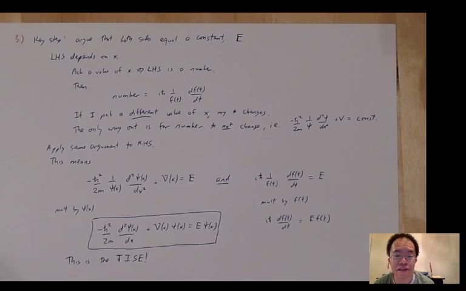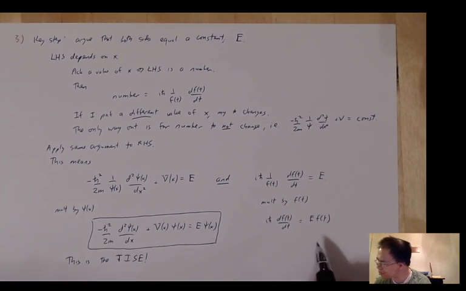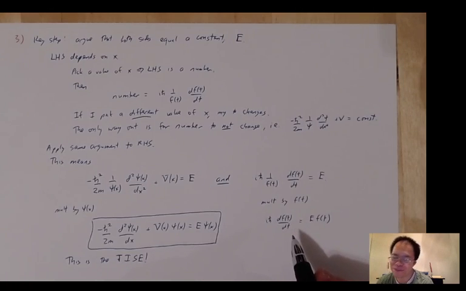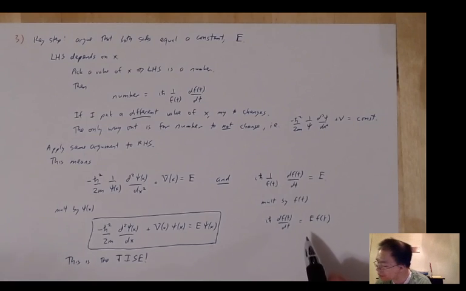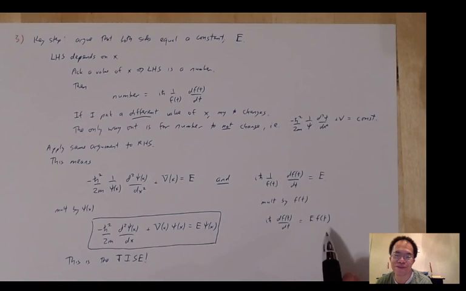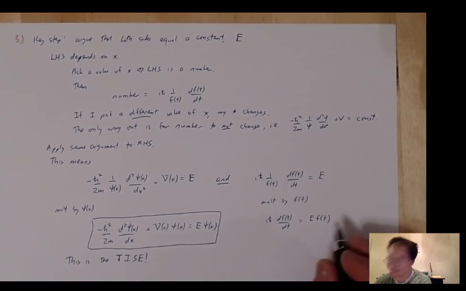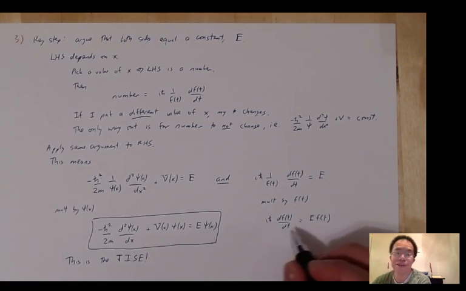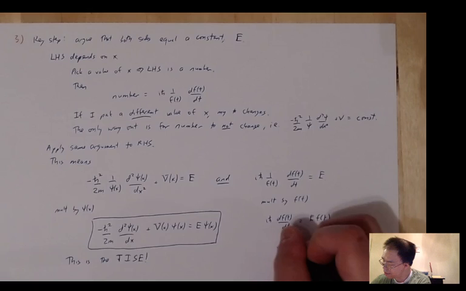Well, this is a first-order differential equation of the kind that you know how to solve by separation of variables, if you remember from probably 225. I want to get all the stuff with f on the one side, and my dt on the other. So actually I'm going to end up undoing what I just did, but I'll just divide by f here and then shove everything else to the right.